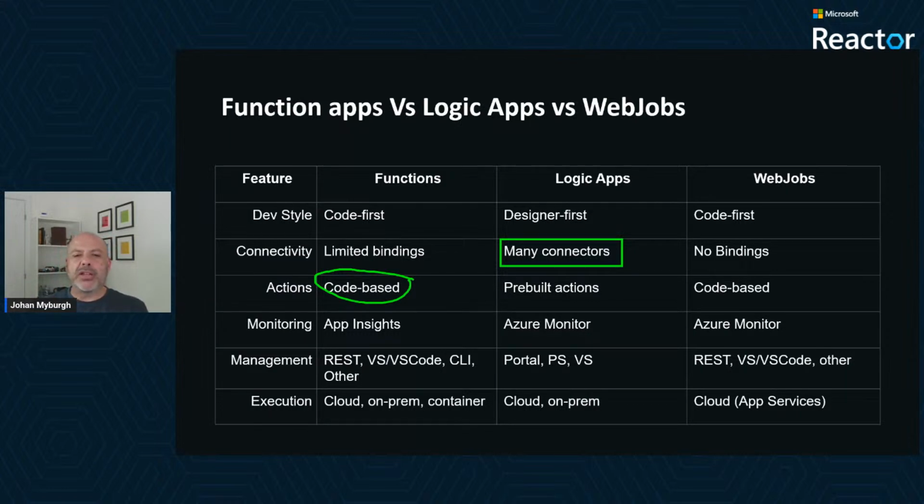So if we've got some actions in logic apps, and you see, oh, I wish there was an action for this or for that, you can actually build that action using functions. So most of our logic app actions are actually functions in the background, but it's abstracted away in this graphical designer. So logic apps has got some pre-built actions. And in web jobs, all of this is also code-based.